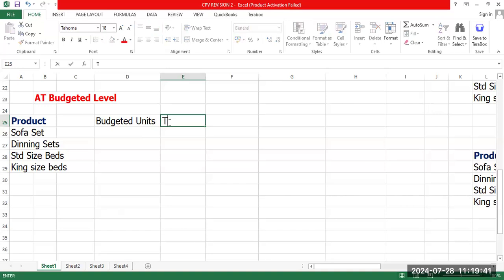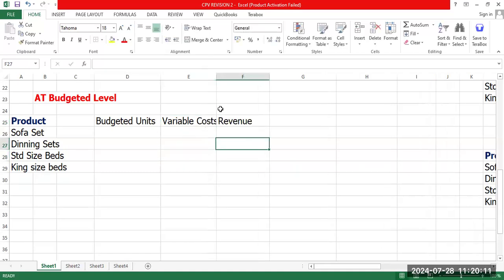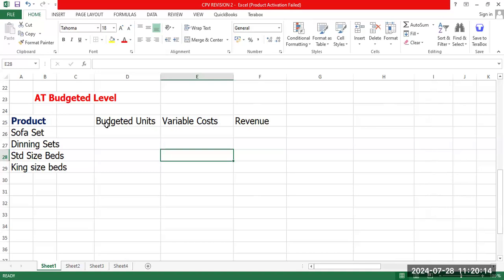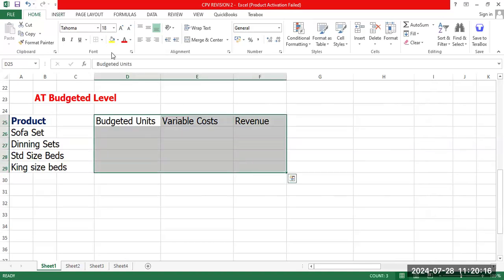Already we have, okay, I can just put here total costs. Then here I put total revenue. Here I put variable costs. Let's start with variable costs. We can design this table and we fill it.